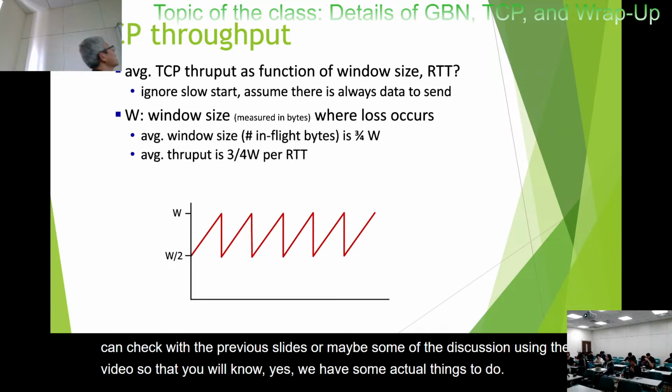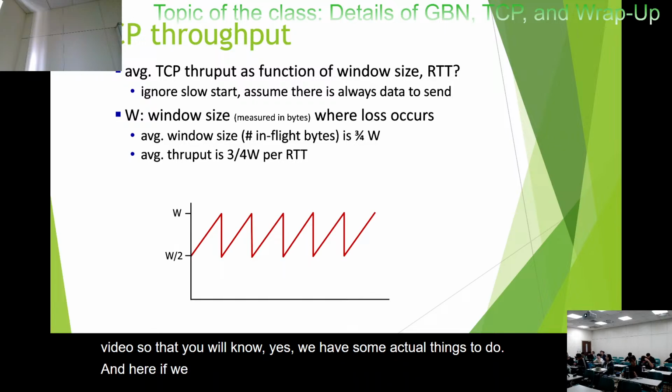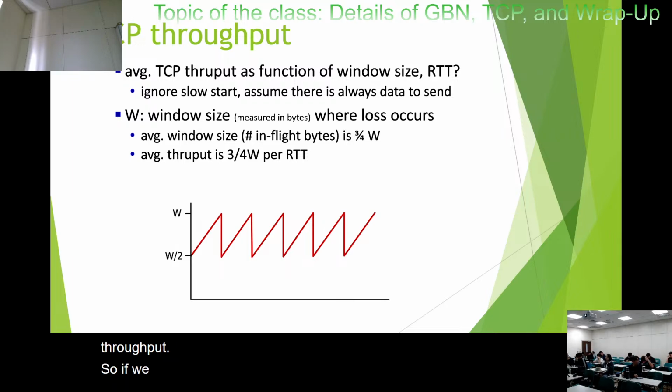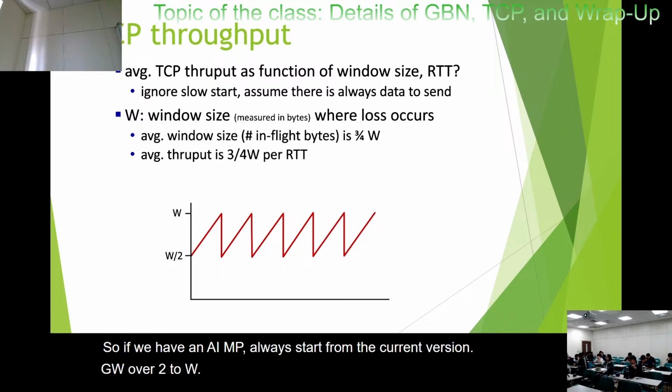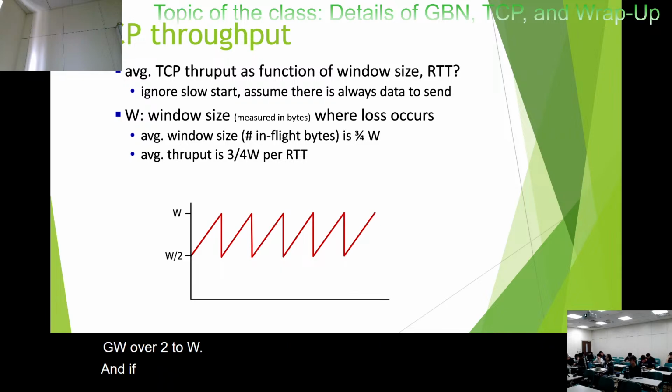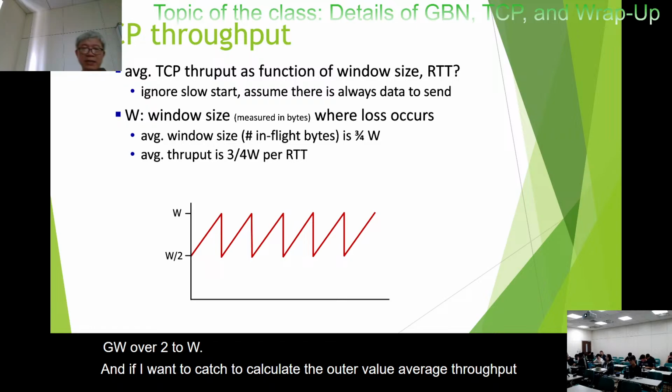And here, in fact, we have some problem talking about how to derive the throughput. So if we have AIMD always start from the current version to W/2 to W. And if I want to calculate the average value, average throughput, so what's the value? It's easy.